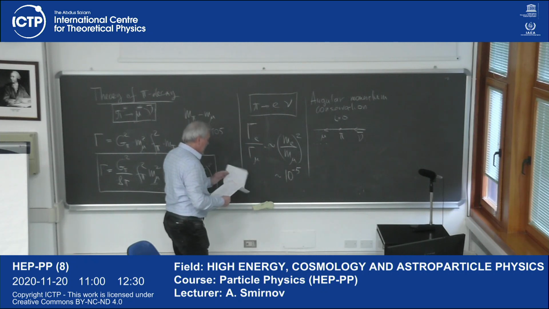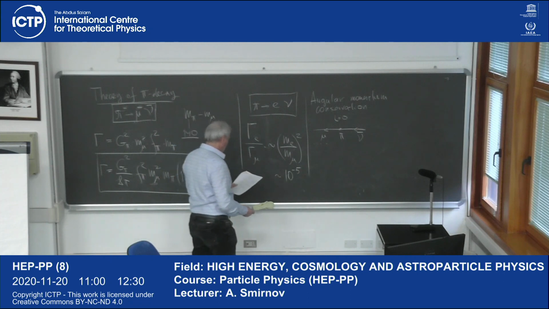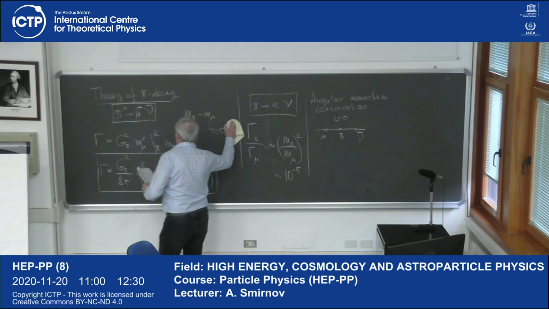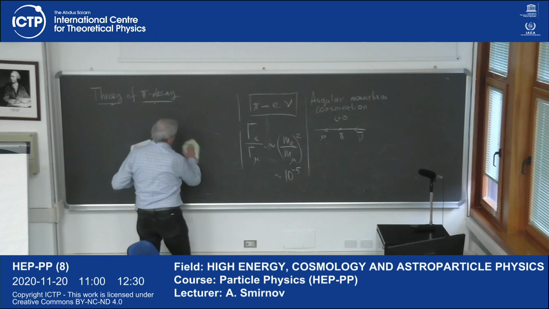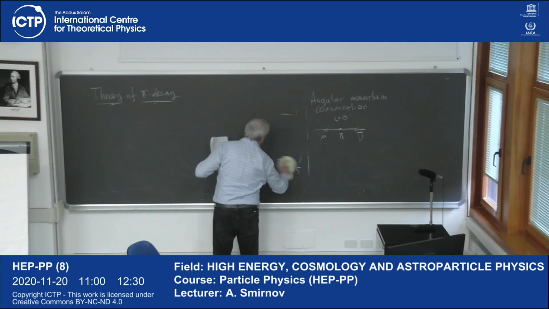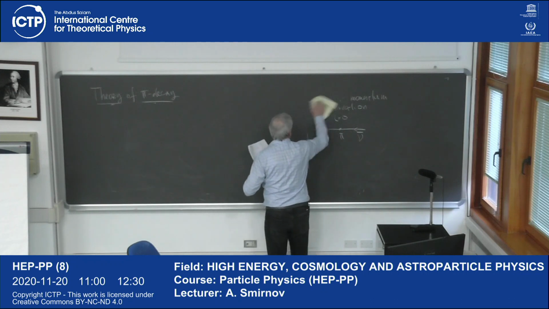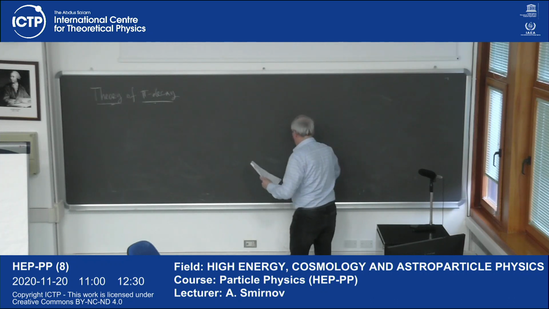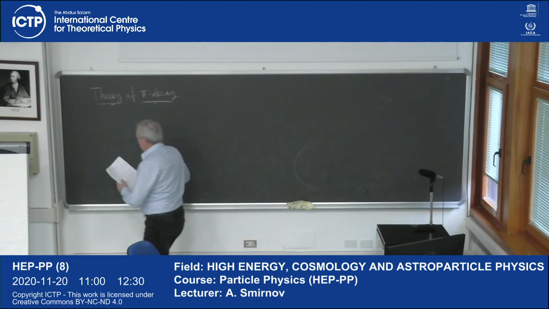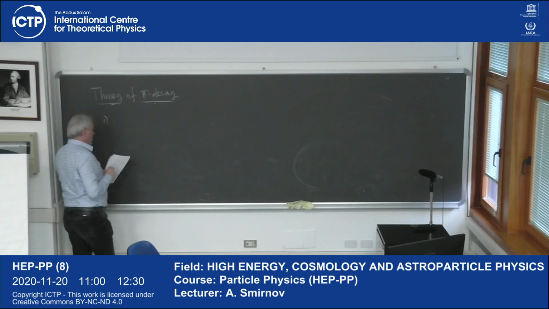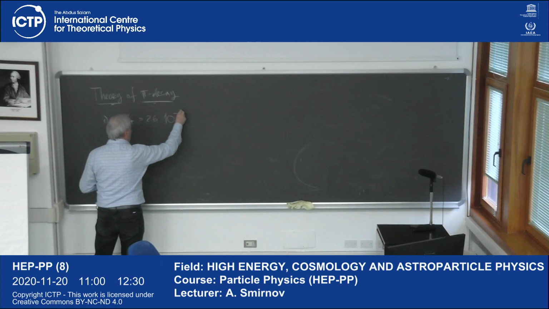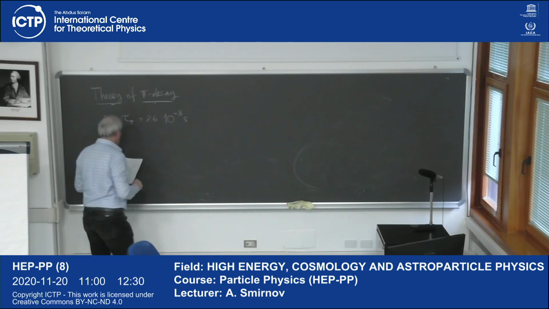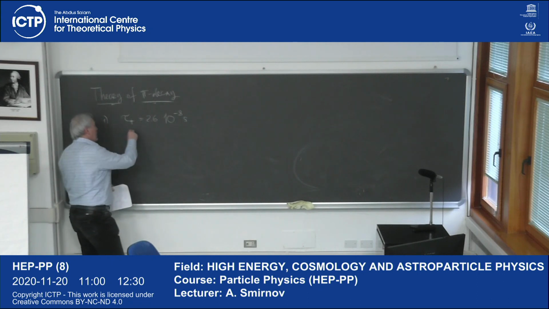Now let me make a summary of what we learned and what are important consequences of discovering the pion. The lifetime of the pion has been measured, and it was found that this is 2.6 times 10 to the minus 8 seconds, which is precisely what you need for a ud-colored pion.